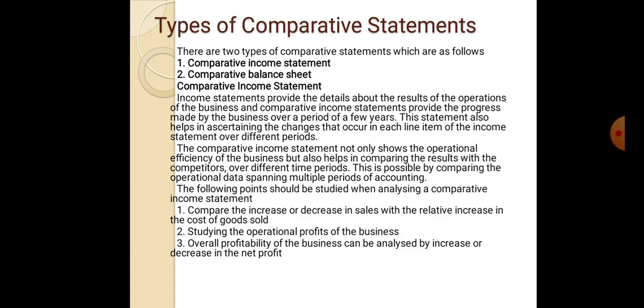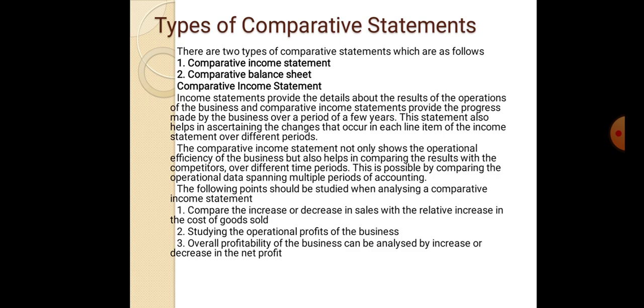Intra-firm is the comparison of financial statements pertaining to two different periods, putting them side by side and finding out the changes in absolute and relative terms. So this is called intra-firm comparison. Inter-firm means it will be done to compare the performance or position of two firms for a defined period. That is known as inter-firm comparative balance sheet.